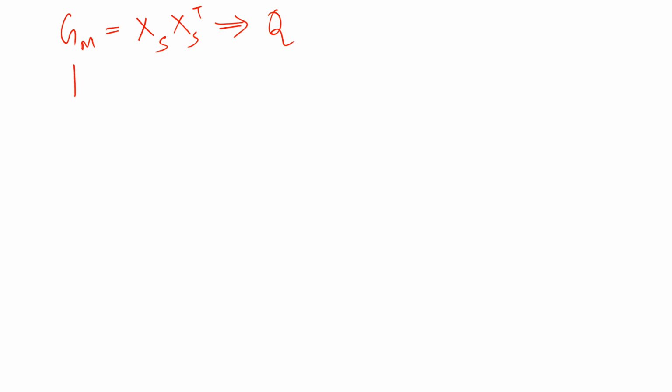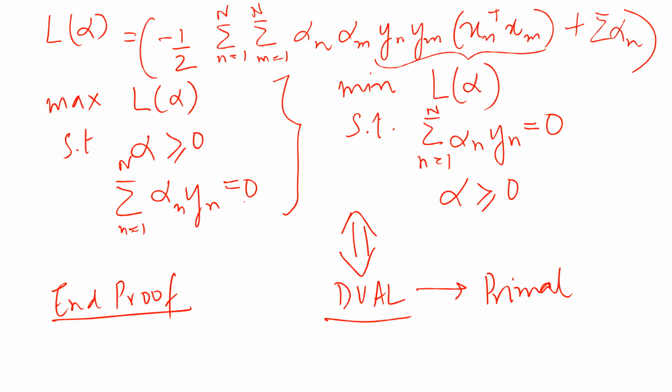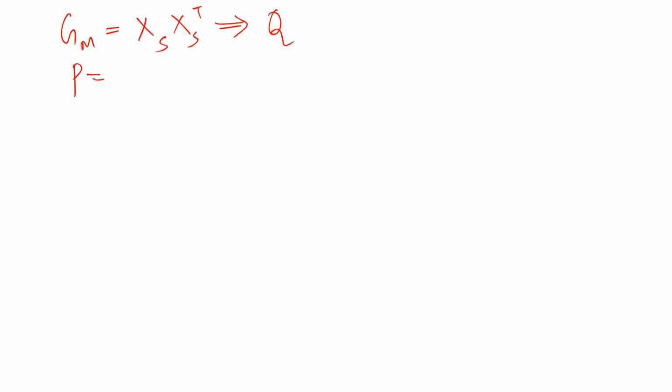And the second term will have this p, because we have the alpha term in the second part of our problem. And so the second term is going to be this alpha, and my p instead is going to become minus 1 transpose, right?